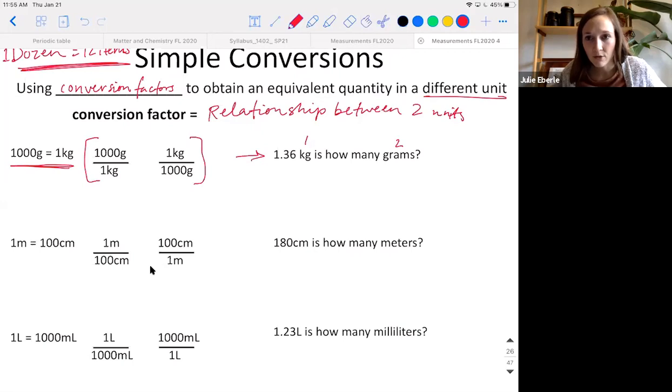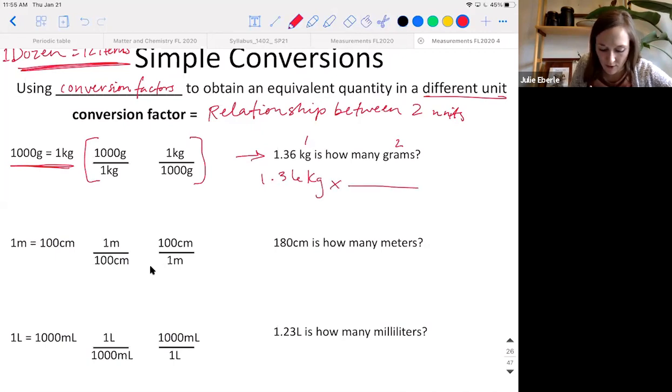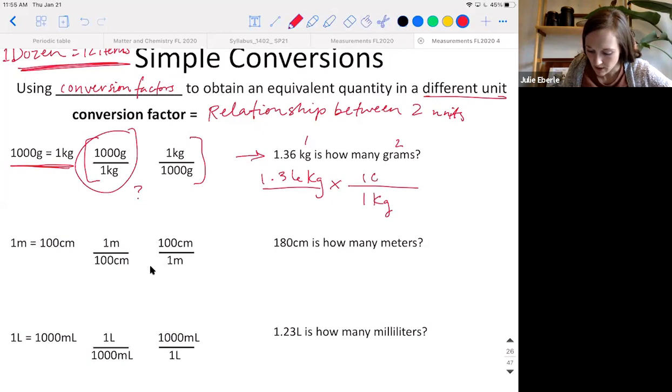So if I write 1.36 kg and multiply it by one of these factors, I have kg on top already, so I want to write kg on the bottom so that it cancels out. So I need to pick the first one, the one on the left. We write 1 kg on bottom, 1,000 grams on top, and then I'll show you in black, kilograms cancel out.